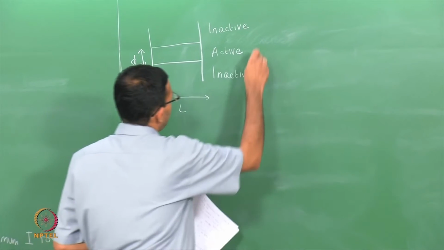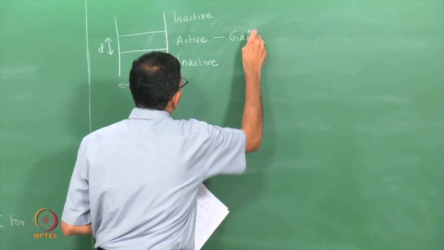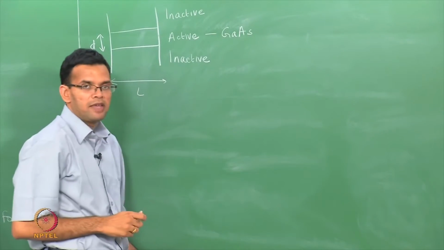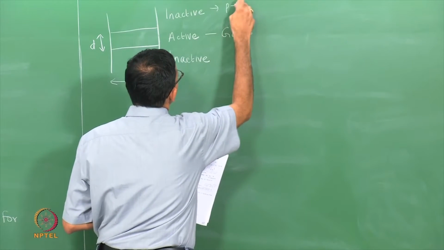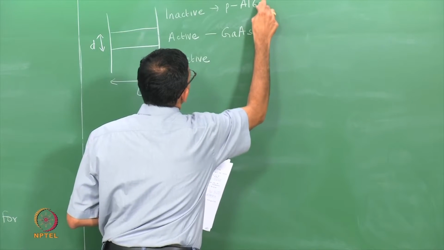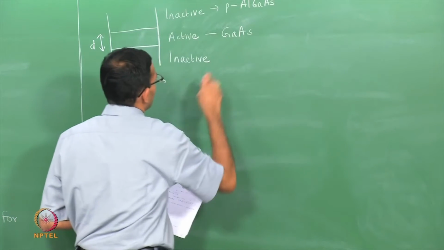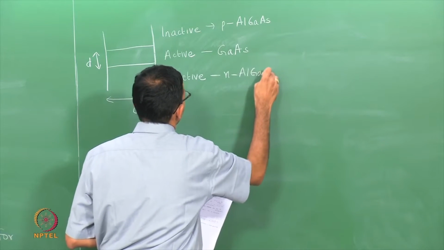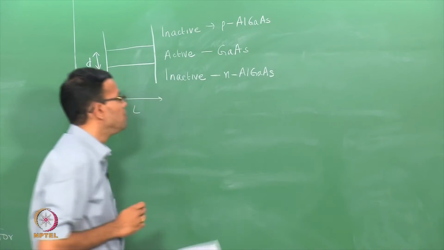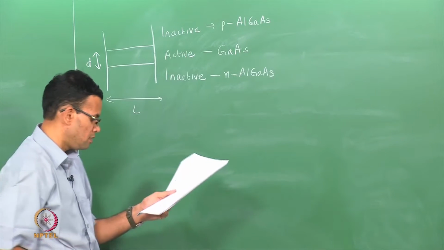For example, you can have an active region that is made of gallium arsenide, and your inactive regions could be p type aluminum gallium arsenide on one side and n type aluminum gallium arsenide on the other.